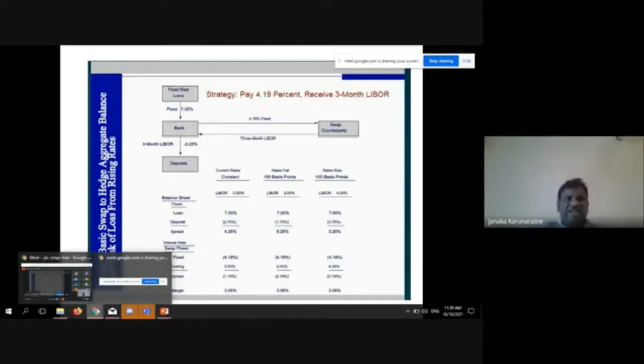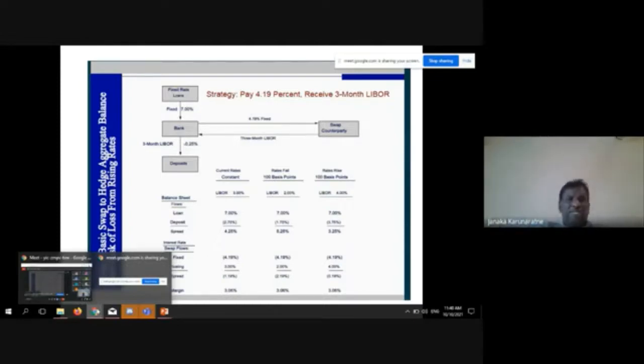So if the interest rate rises, as she said, what's your name, miss? Kasturi. Okay. As Kasturi said, if interest rates rise, you have to pay a higher payment to your depositors, because your depositors' interest rate is based on 3 months LIBOR minus 0.25%, that is 25 basis points.